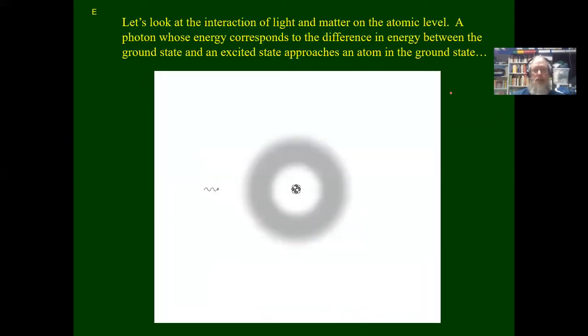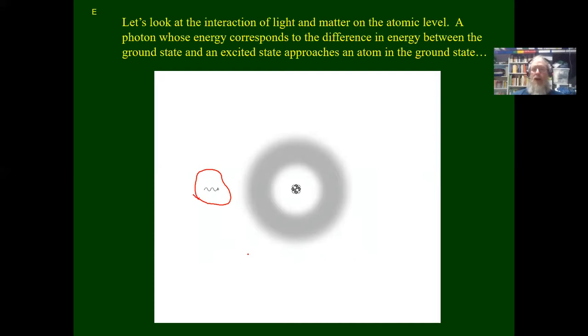Okay, so right here we have an atom sitting in its ground state, minding its own business. And from the left, headed towards it, we have a photon, represented by the little wavy squiggle that I just circled.